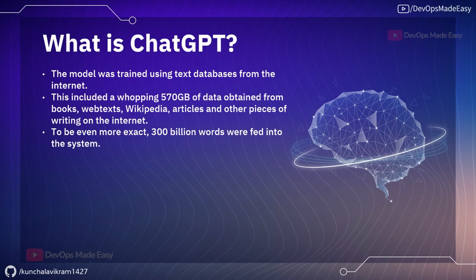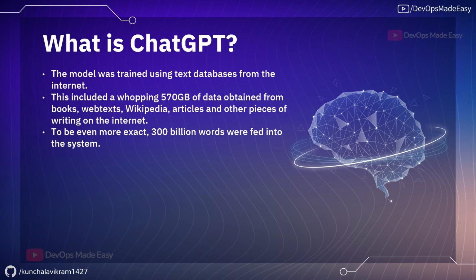This particular ChatGPT model was trained using text databases from the internet, and this included a whopping 570 GB of data obtained from various textbooks, ebooks, web text, Wikipedia, and various articles that are written all over the internet.